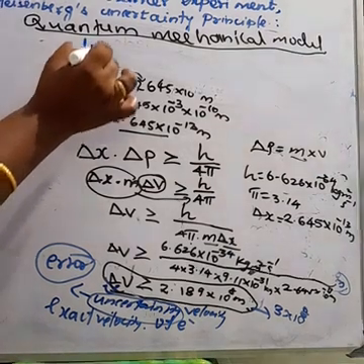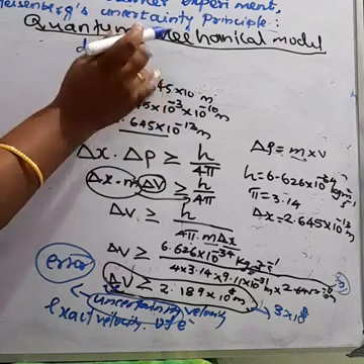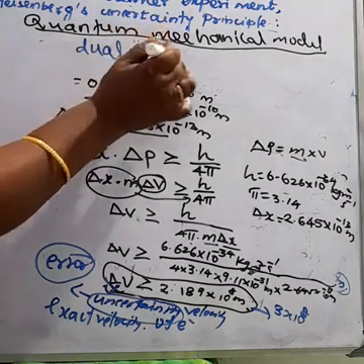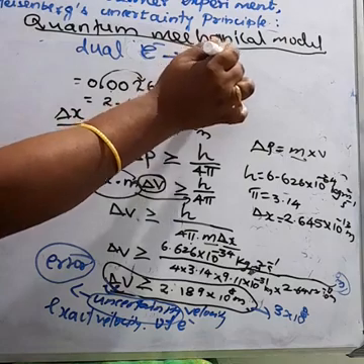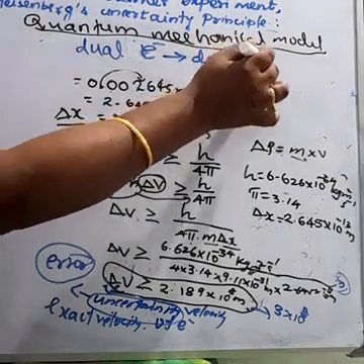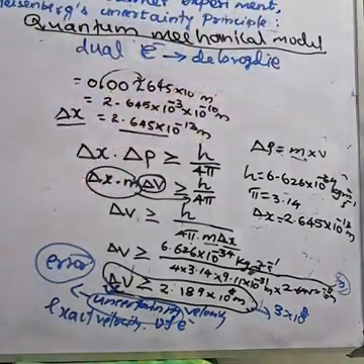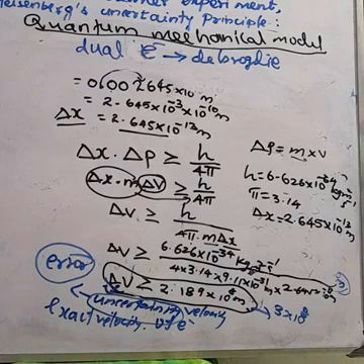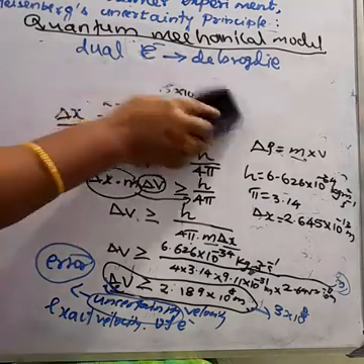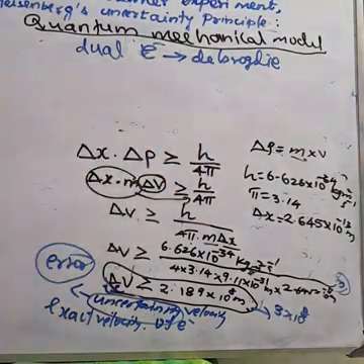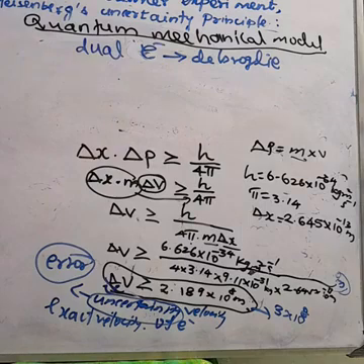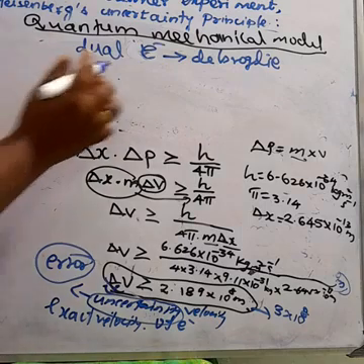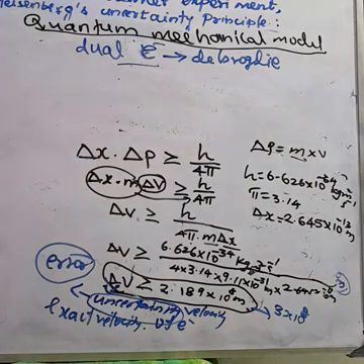Classical mechanics does not consider the dual nature of matter, which is needed for microscopic particles such as electrons. So it fails to explain the motion of microscopic particles.